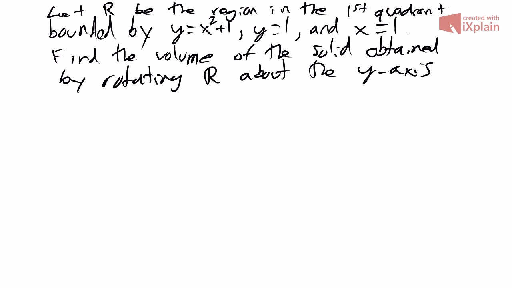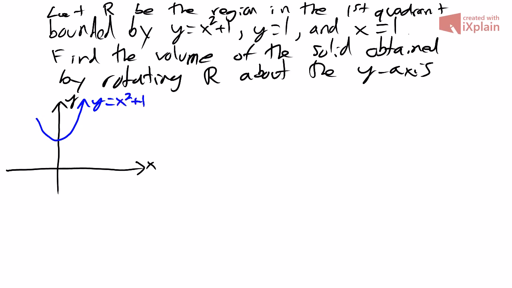All right, so let's make our sketch. Now we're only concerned with the first quadrant here. So x squared plus 1 looks like that. It has a y-intercept of 1.